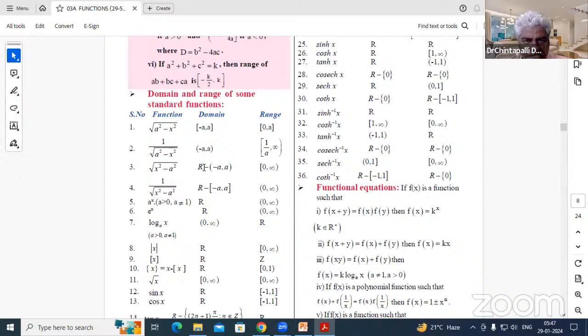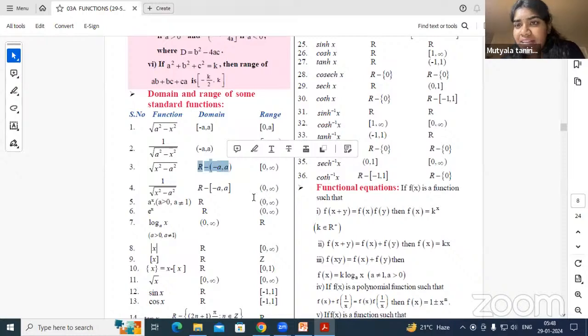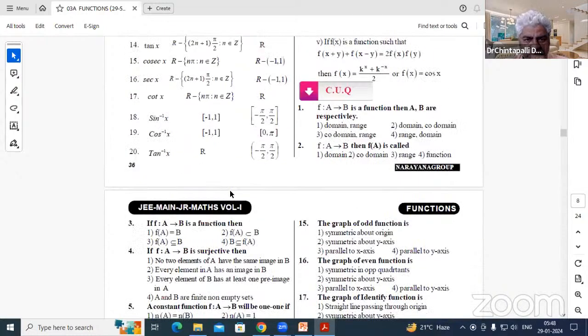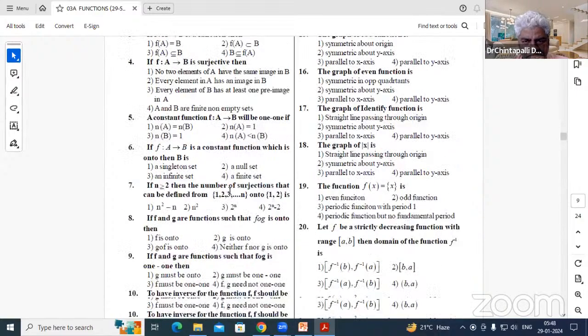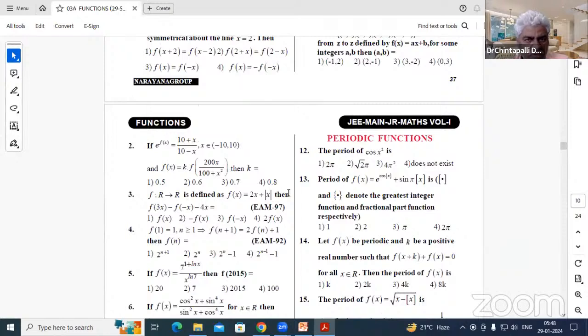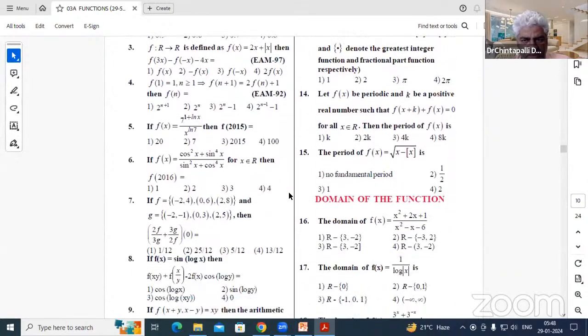Do you remember this method? What we have learned is just similar to it. R minus an interval. It is an interval. Periodic functions and domain.